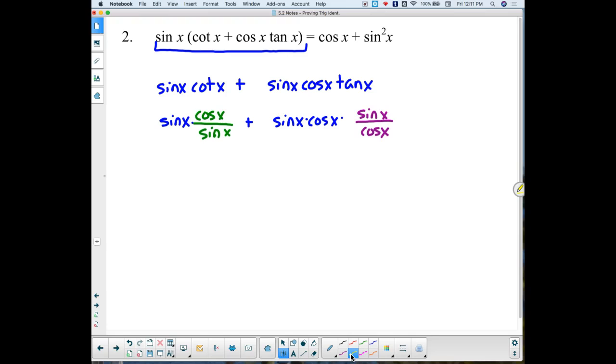Agree? This sine cancels out that sine, leaving me with cosine. This cosine cancels out that cosine because everything's being multiplied there, leaving me with sine squared.